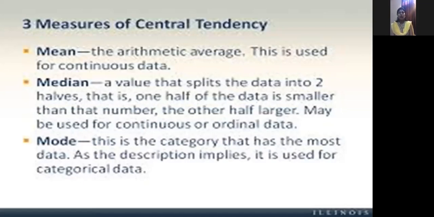Mean is also called arithmetic average, or arithmetic mean. This is an arithmetic average and is used for both continuous as well as individual series. Next is median. Median is also used for both kinds of data, that is grouped and ungrouped data.